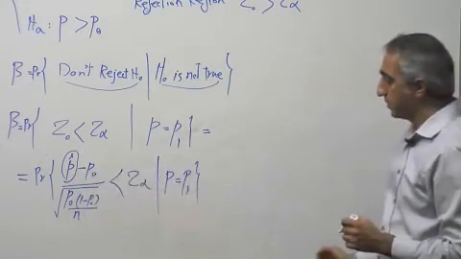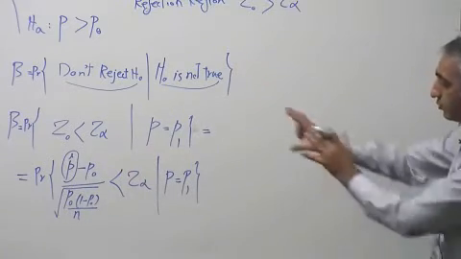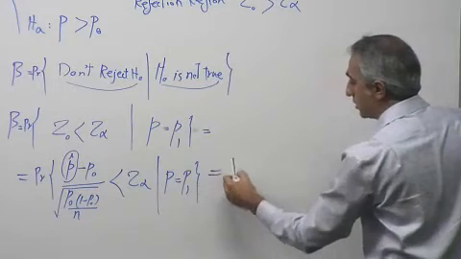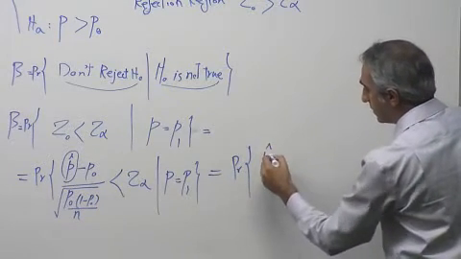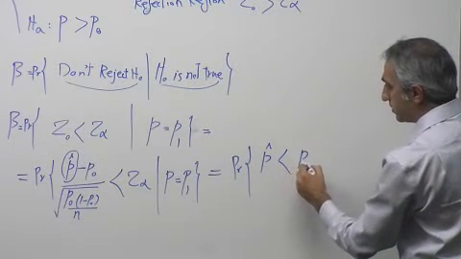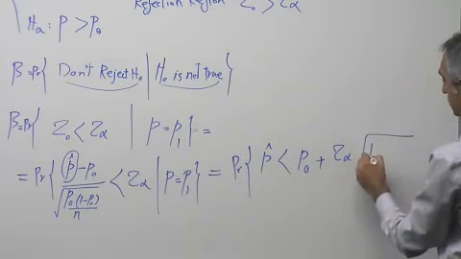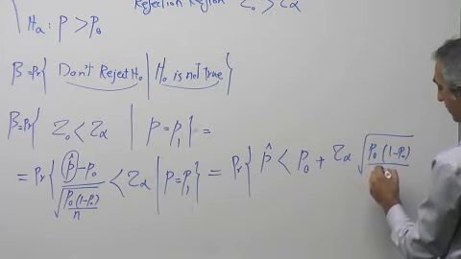So I want to isolate this guy on the left side and move everything else to the right side, which is probability of, if I do that, P hat less than P0 plus Z alpha times the square root of P0, 1 minus P0 divided by N.